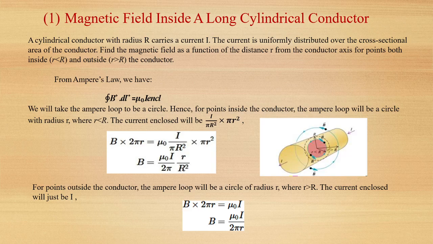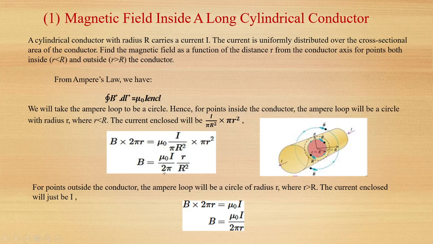From Ampere's law, we can write closed integral B dl is equal to mu naught into I enclosed. We will take the Ampere loop to be a circle. For points inside the conductor, the Ampere loop will be a circle with radius r, where small r is less than capital R. Current enclosed will be I by pi R square into pi r square, so B into 2 pi r is equal to mu naught I by pi R square into pi r square.